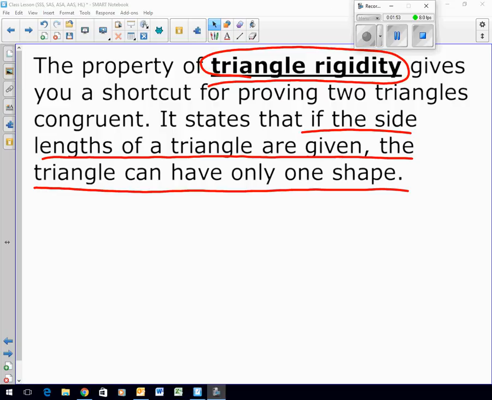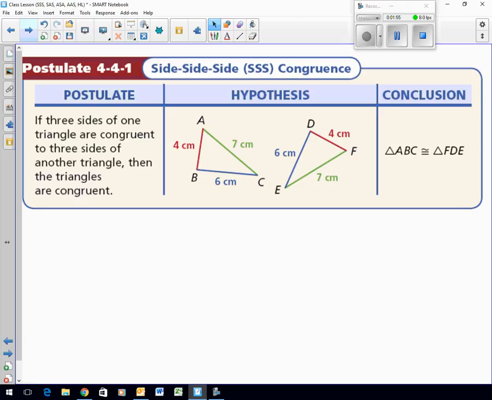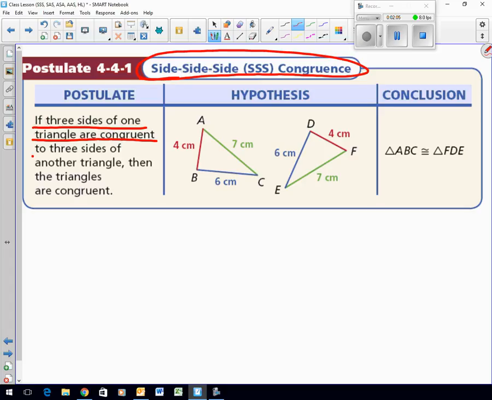All right. First theorem or postulate that we're going to talk about today is the side side side congruence postulate. If 3 sides of one triangle are congruent to 3 sides of another triangle, then the triangles are congruent.